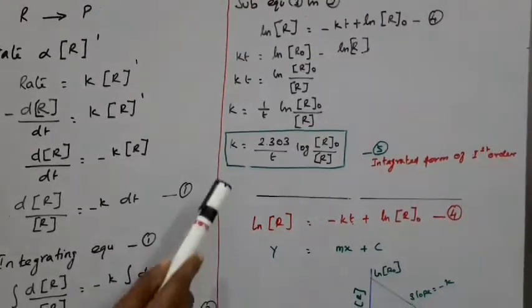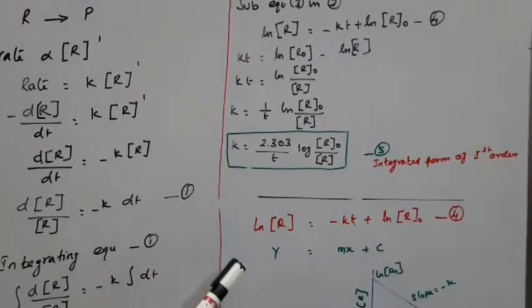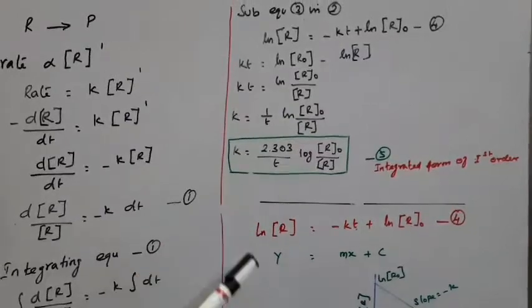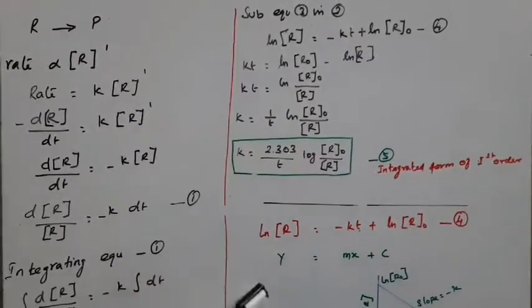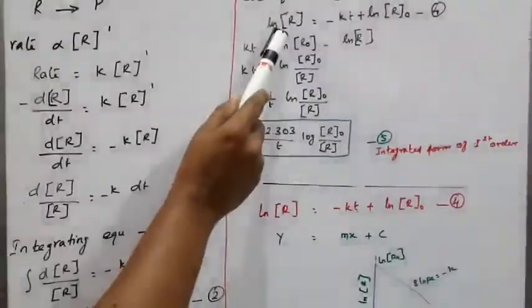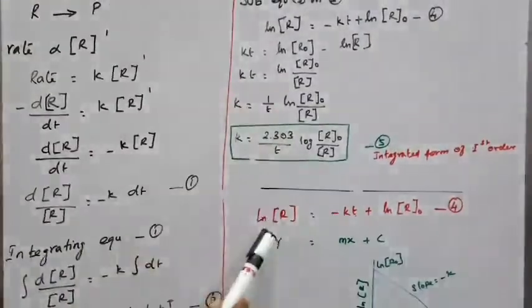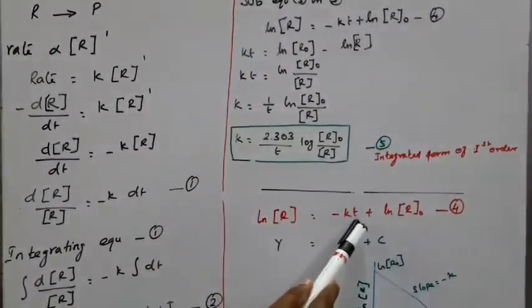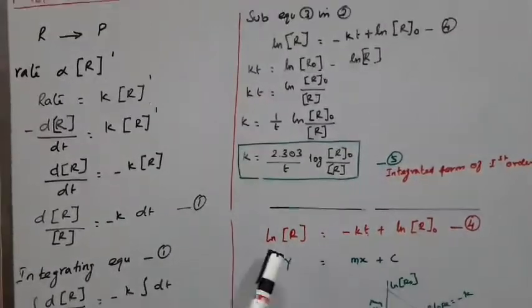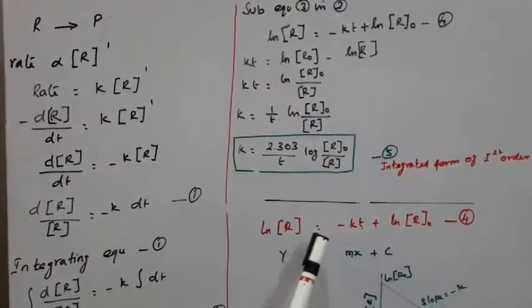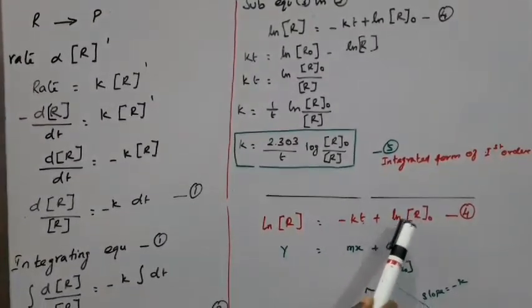After that we are going to draw the graph for the integrated form of the rate of first order reactions. Take the fourth equation, ln R equal to minus kt plus ln R0.